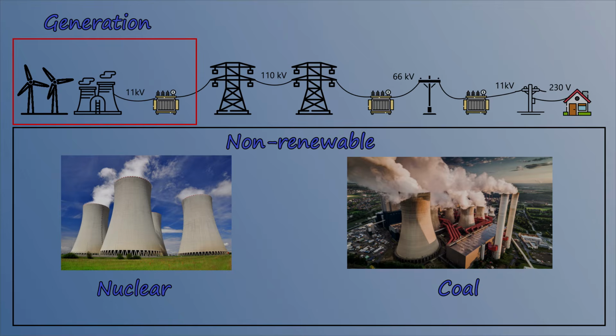It's abundant and has been a primary source of energy for decades, but it releases a significant amount of carbon dioxide and other pollutants, contributing to climate change and air pollution. Both sources are non-renewable, meaning that they will eventually run out and have environmental impact as well.